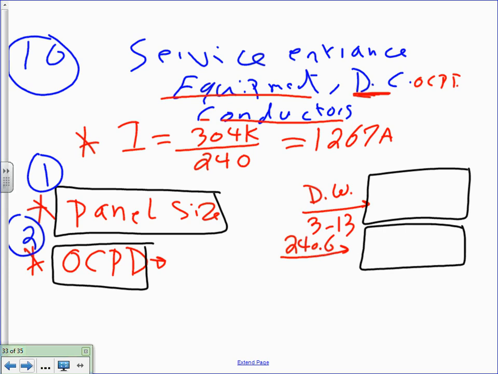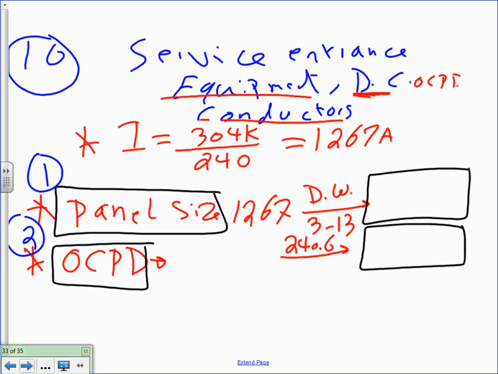Do I have a second? Thank you. So 1,267 amps. Cool? All right, panel size. To find the panel size, I need to take the 1,267 to DeWalt 3-13. Make sure you go under single phase. Is it 2,500? No, 1,600? Can I have a second?